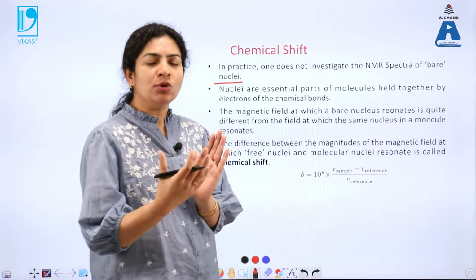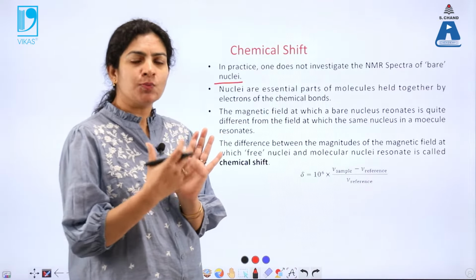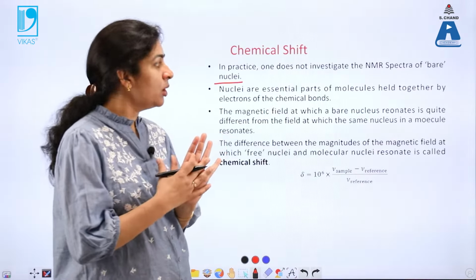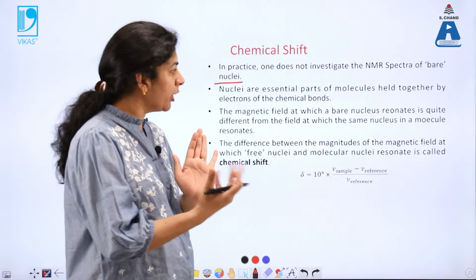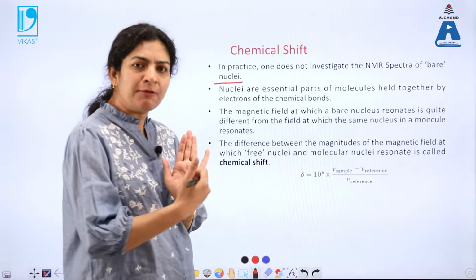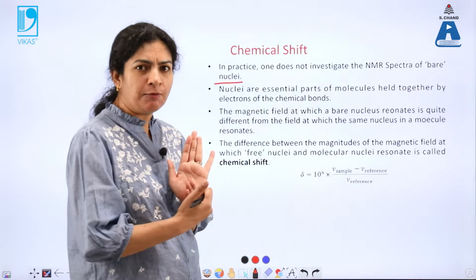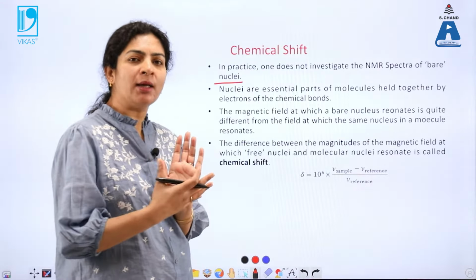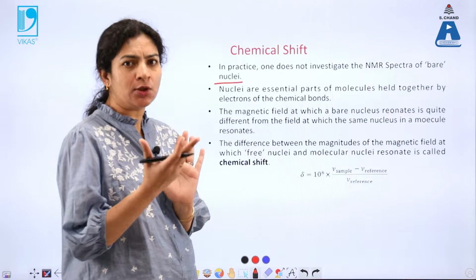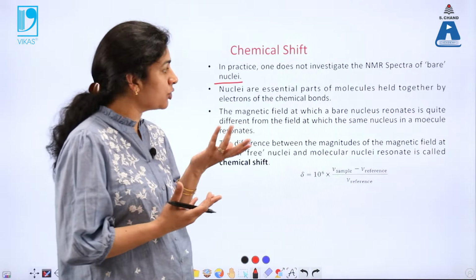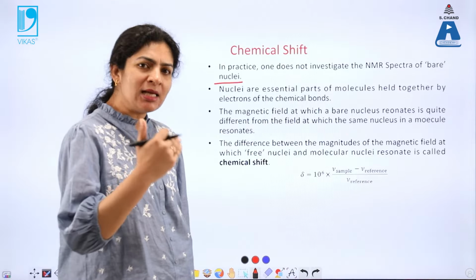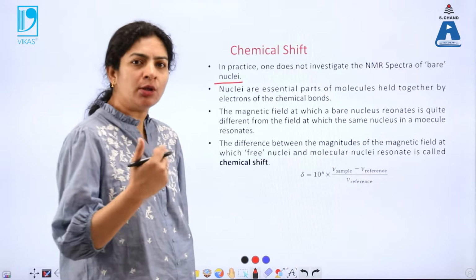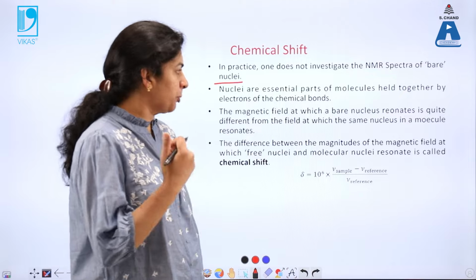Suppose a proton is present alone, and then is present in a molecule; there is going to be a difference in the strength of the magnetic field. Sometimes it may require a higher magnetic field strength in order to show absorption, or sometimes a lesser magnetic field in order to undergo the absorption.